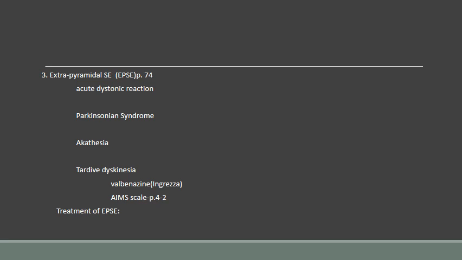And you see at the very end of that, I have the treatment for EPSE, and so I basically have told you the medication treatments for EPSE as I've been going along. With acute dystonic reaction, we said IV Benadryl or possibly IV benztropine. Parkinsonian syndrome also would be benztropine, usually PO.